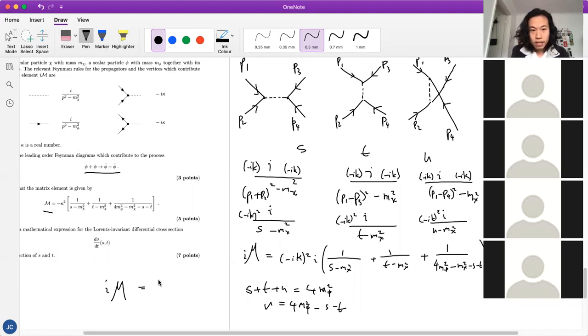So iM is technically the vertex, the propagator, and then the other vertex. Does that make sense? Yeah, it's just the definition. If you sum up all the terms inside the diagram, it's technically equal to i times M.